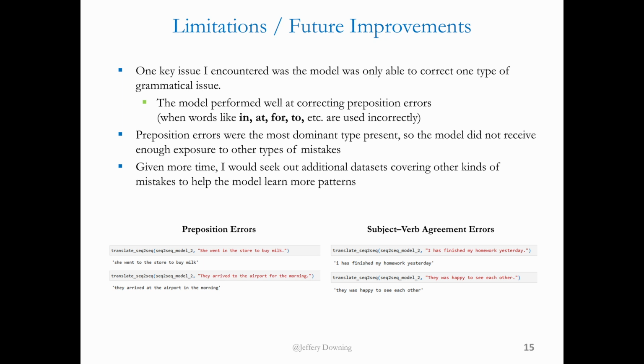You can see at the bottom of the screen, I made my own custom sentences, two of them with preposition errors, and the model was able to correct those. But I also tried subject-verb agreement errors, and the model was unable to correct those at all. Given more time, I would seek out additional datasets that cover different kinds of mistakes that can help the model learn more unique patterns.